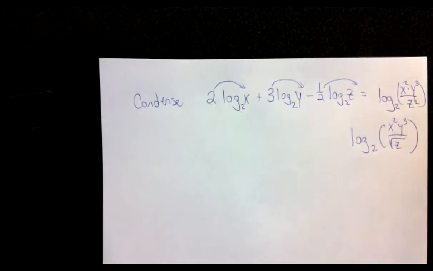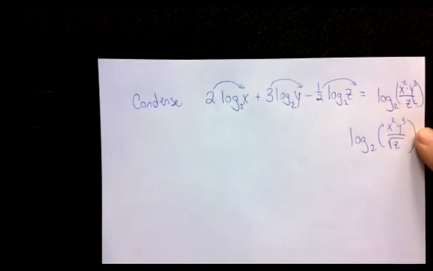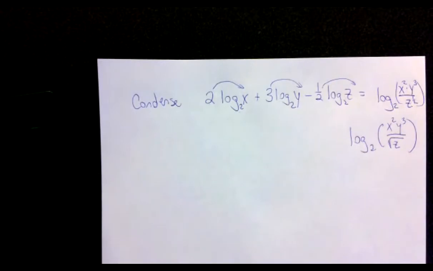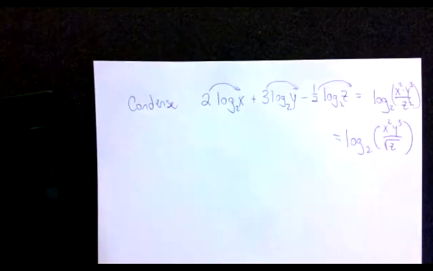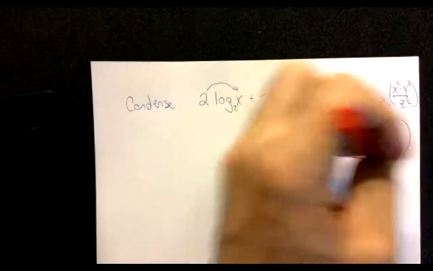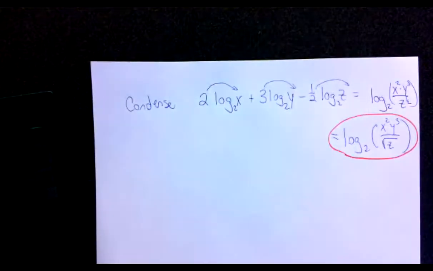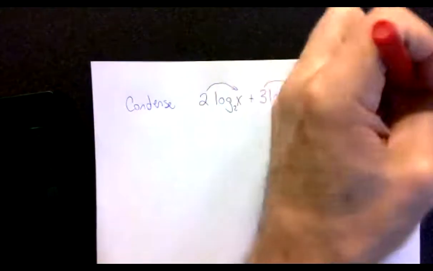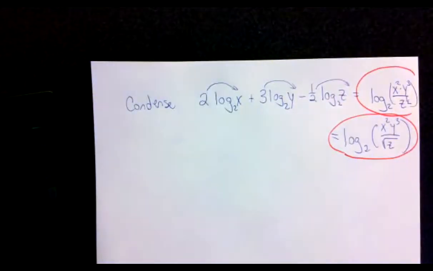So at this point, you have your choice of either or. One is not more right than the other. My math lab and I will accept both. If you'd rather write it with radicals, fine. If you would rather write it as a fraction exponent, also fine.